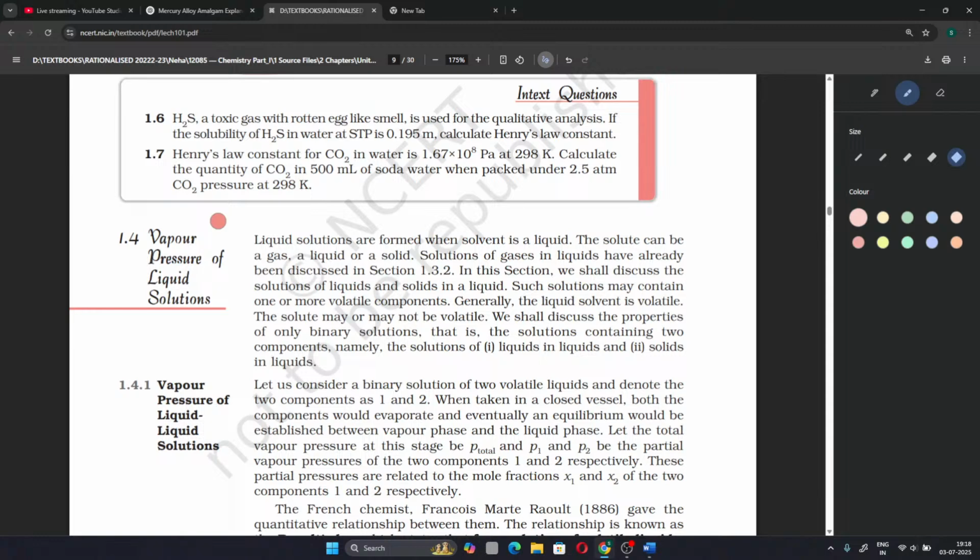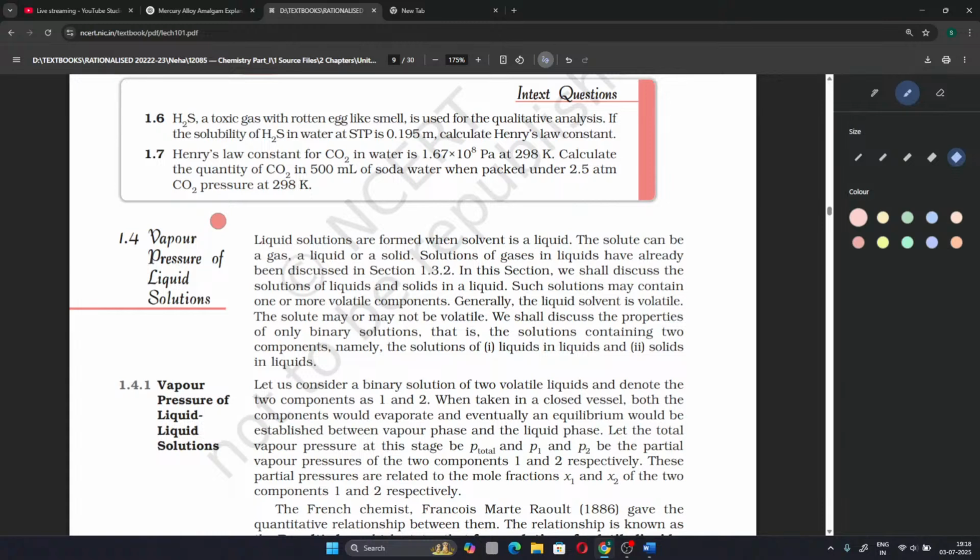Okay, they gave molality, and they are asking to find Henry's law constant. They gave molality, no wait. So I think that is number of moles.